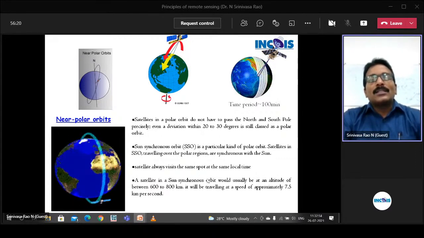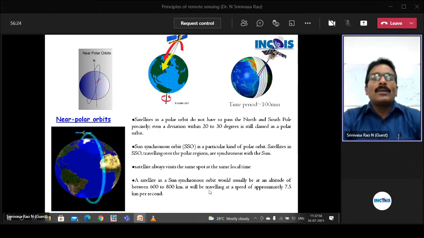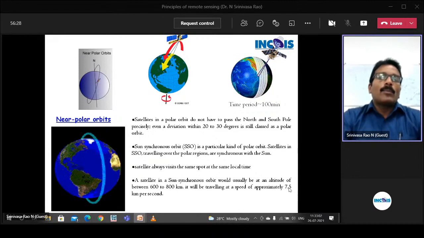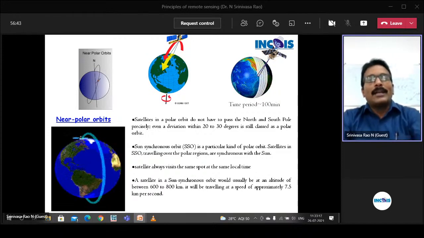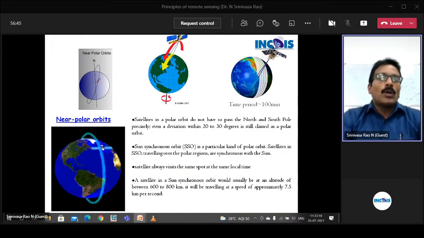The satellite in sun-synchronous orbit is usually at an altitude of 600 kilometers, traveling at approximately 7.5 kilometers per second. With that speed, within 100 minutes it covers one rotation. Sun-synchronous means wherever the sun illumination is, that particular region only is scanned. This is about the polar satellite.